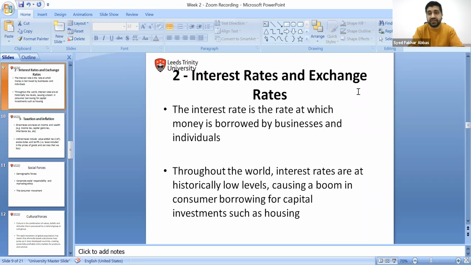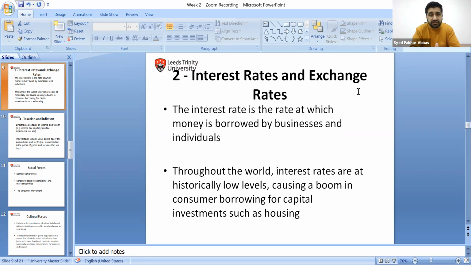Number two, interest rates and exchange rates. The interest rate is the rate at which money is borrowed by businesses and individuals throughout the world. Interest rates are at a historically low level, causing a boom in consumer borrowing for capital investment such as housing. If there is a high rate of interest, then people will not be able to borrow loans for capital investment or to build different industries.